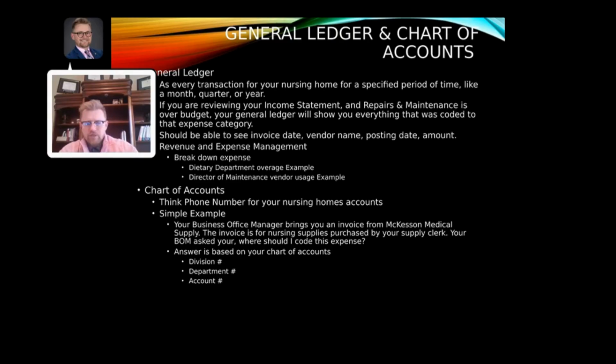If your income statement shows that you're 10,000 under on raw food, and then you go to your general ledger, and maybe it only shows we only had 3 raw food orders this month, and I know that we should have 4, one for each week, and that's why we're under.